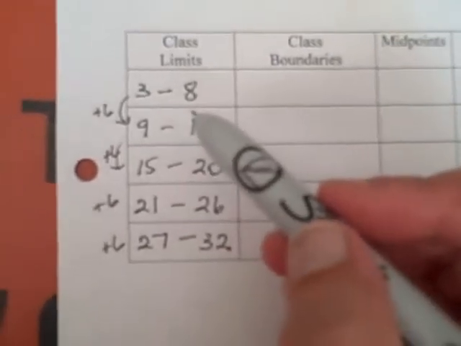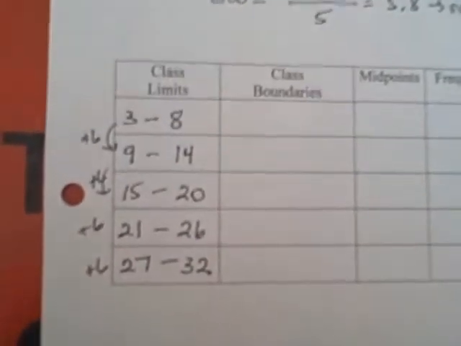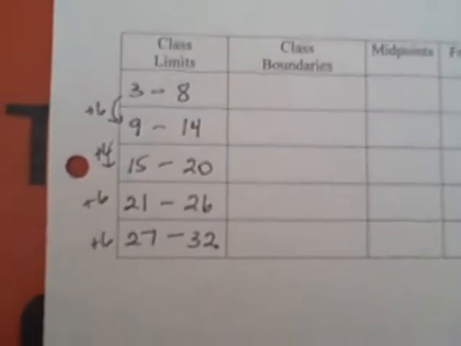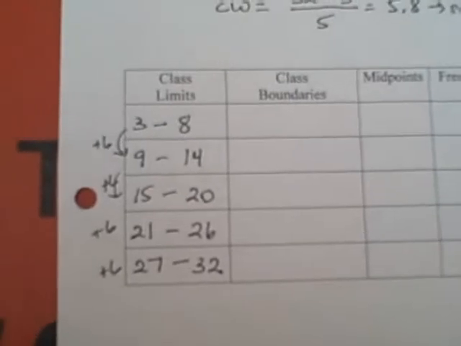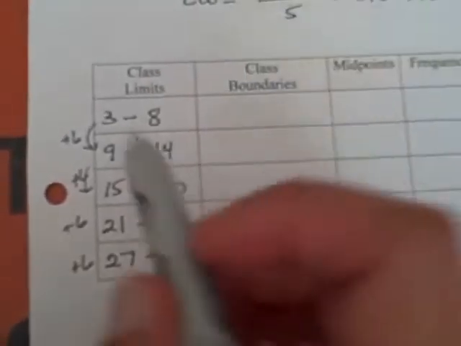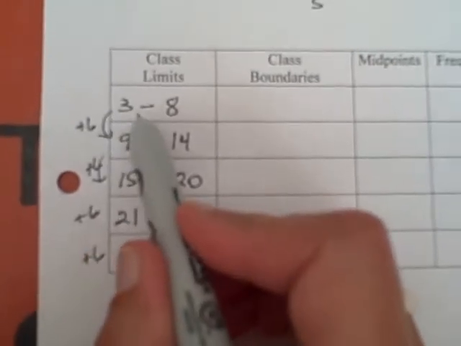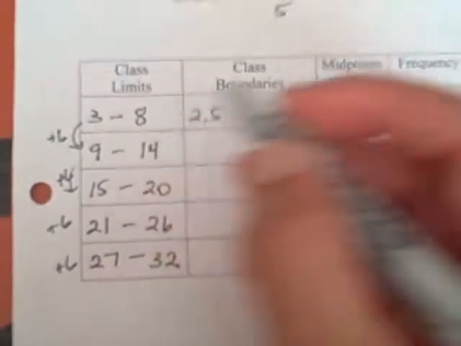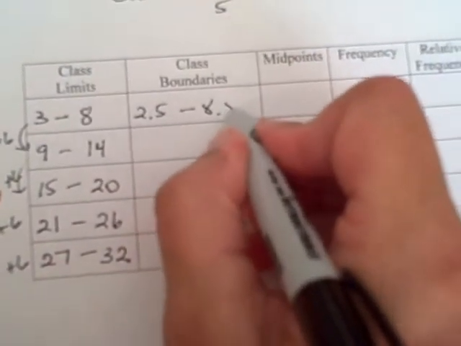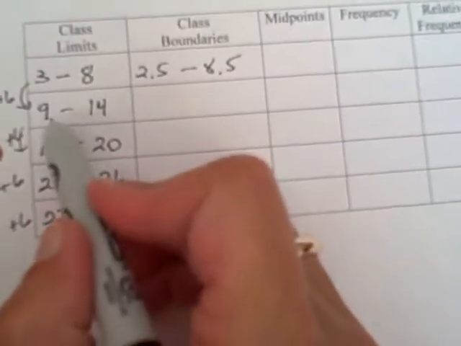All right, now the problem with our class limits is that there are gaps from 8 to 9. You know, where's 8.2? Where's 8.7? There's a gap there. And when we're making our histograms later, we can't have gaps. The bars need to touch. So to take care of that on our class boundaries, on the lower class limit, we go down a half, which means from 3 we would go down to 2.5, and from 8 we go up a half. So that would become 8.5. So 2.5 to 8.5. Same thing here.